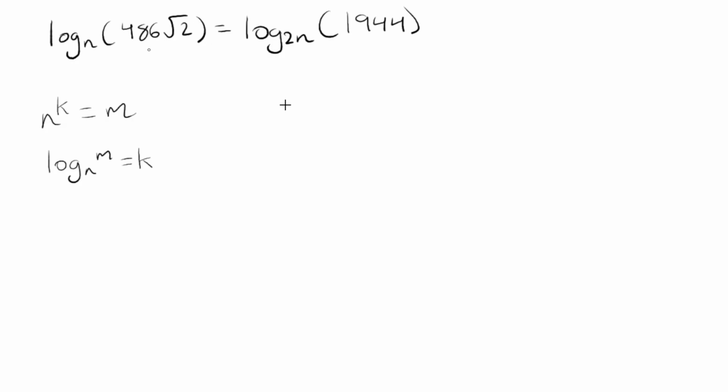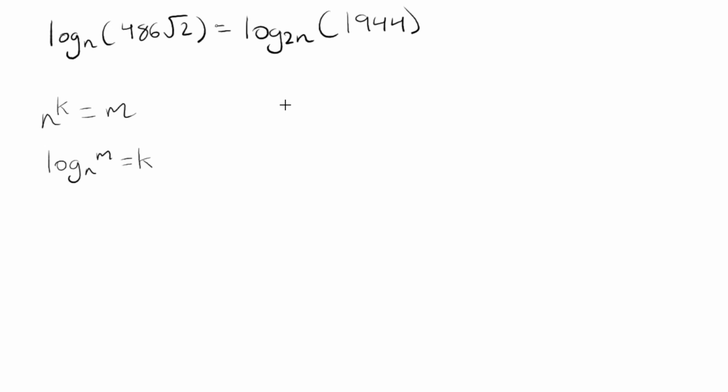So log base n of 486 root 2 is saying that some exponent we put on n gets 486 root 2, right? And fortunately, this exponent is the same as the exponent that we put on 2n to get 1944.